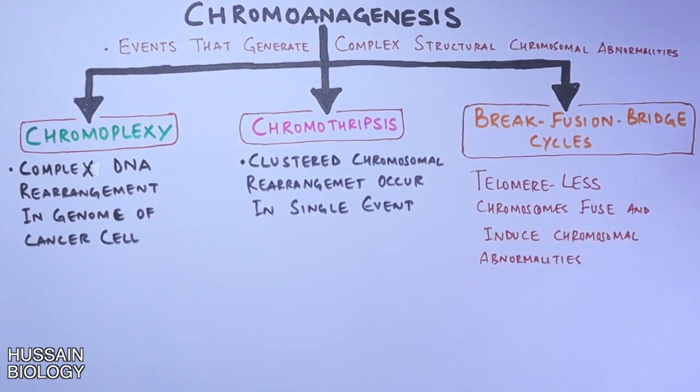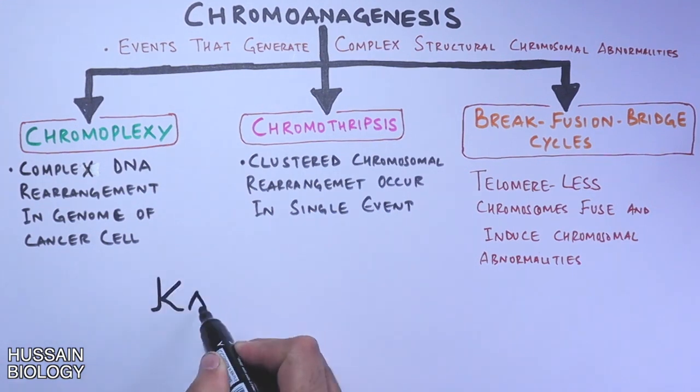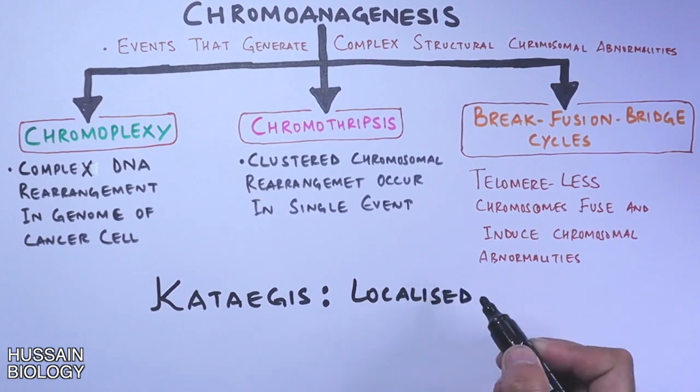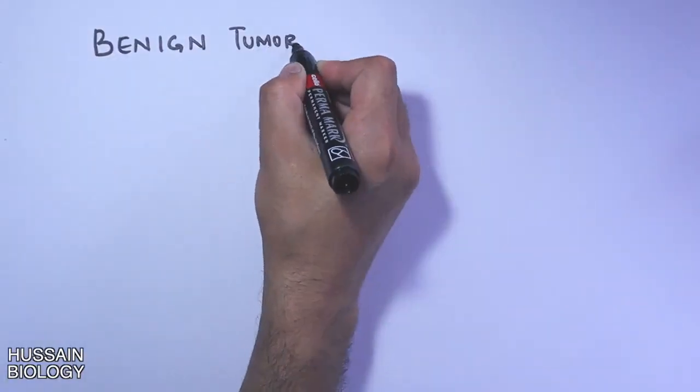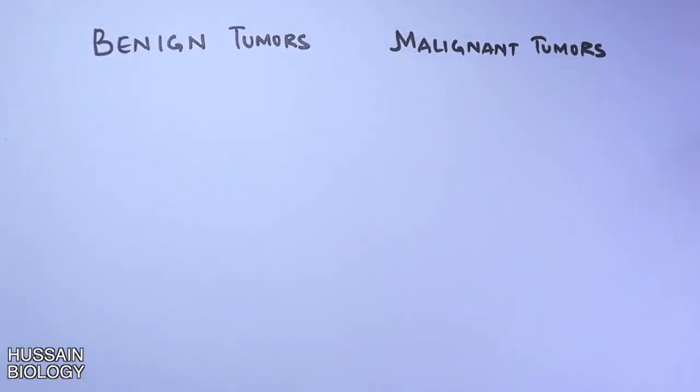Above all of these terms, we also encounter another term during cancer study, which is kataegis. That involves localized hypermutation in a small region of DNA. Moving on, when all these mutations occur, we get 2 important types of tumors, what we call benign and malignant tumors.